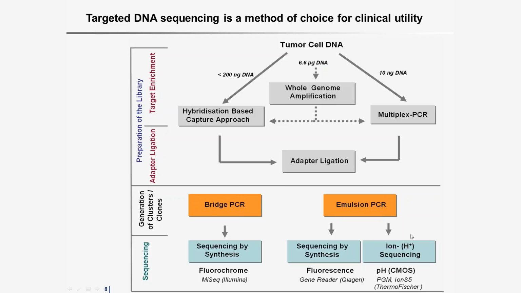So there are two approaches of targeted sequencing. One is the hybridization-based capture approach, and the other one is the multiplex PCR approach. Here in the hybridization capture approach, the targets are captured by hybridization of target-specific probes.